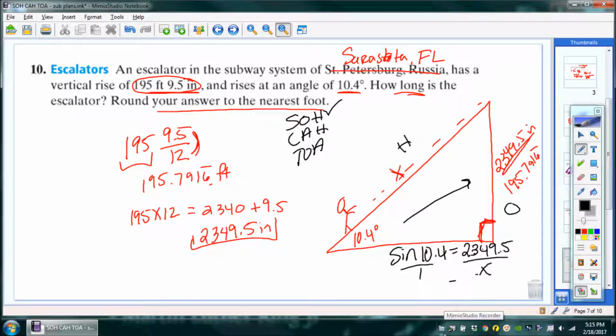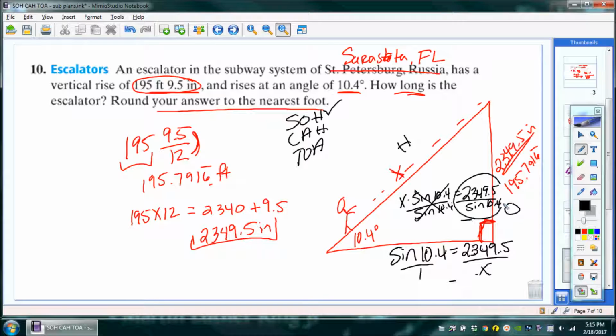So I'm going to cross multiply. I'm doing that. I'm going to get x times, let me erase this in here. And then I want to solve for x. So keep in mind when you divide by sine, you're dividing by the angle as well. It's not just sine or just 10.4.